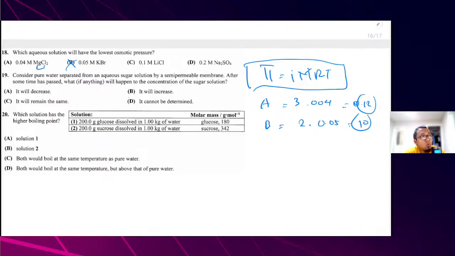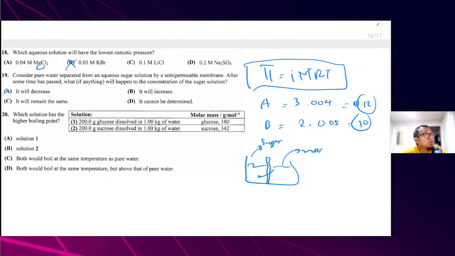So we have pure water on one side and sugar solution on the other, separated by a permeable membrane. This is sugar, this is water. Water flows into the sugar to dilute it. The volume of water in the sugar solution increases, so the sugar concentration decreases.